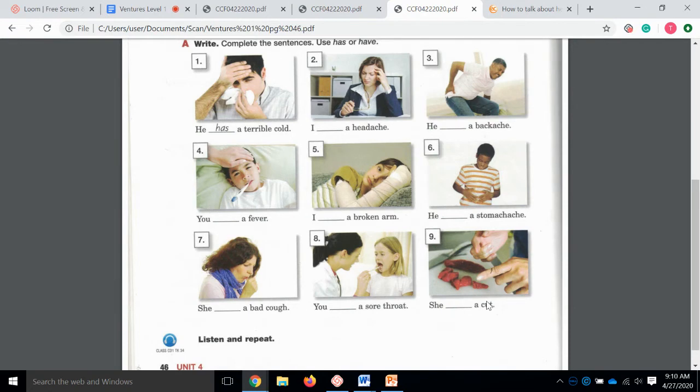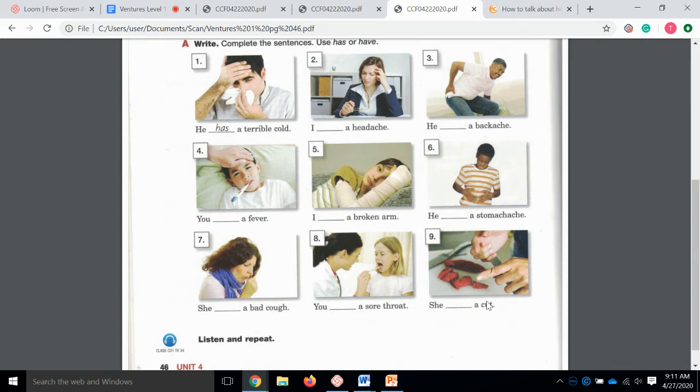Okay? So repeat after me. He has a terrible cold. I have a headache. He has a backache. You have a fever. I have a broken arm.